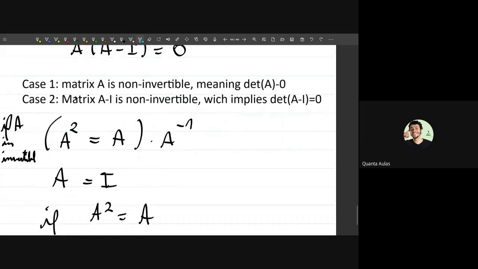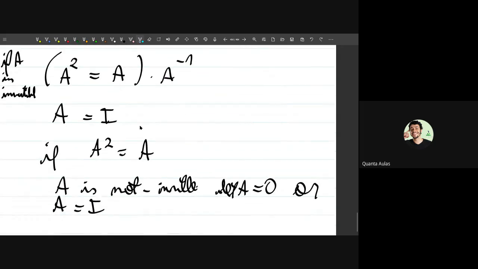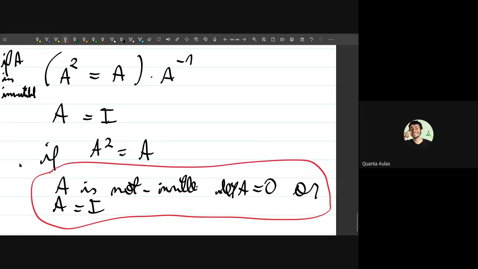If it is invertible, we can take the equation and multiply by the inverse, because it exists, and we will have this thing, okay? So we have this answer here, these two possibilities to answer our question.